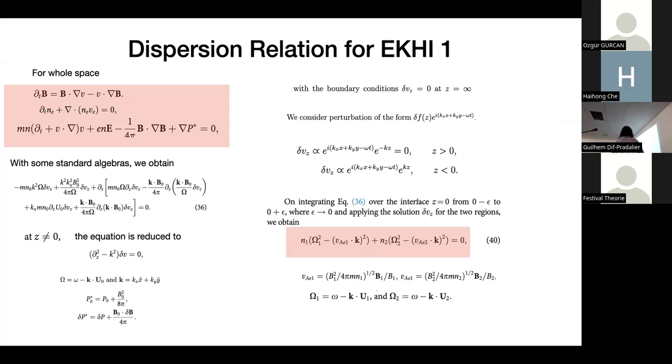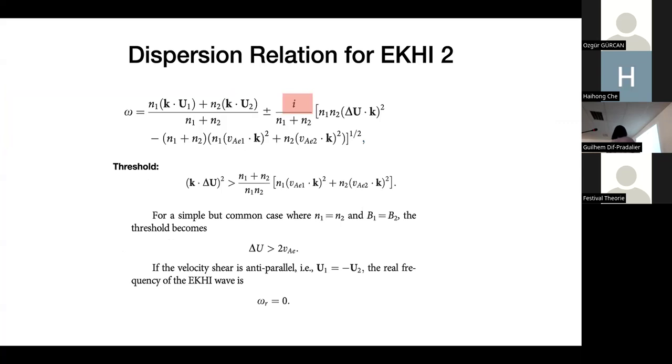If we solve these equations, we have a similar dispersion relation to HChe. The only difference is the change of the electron parameter. That's it. All other things are similar.